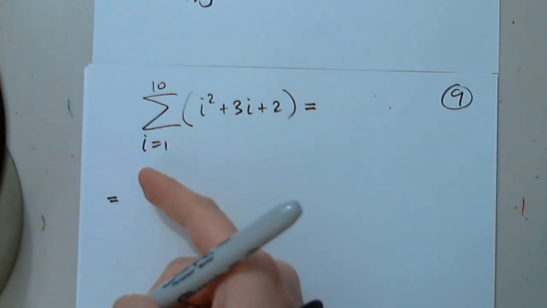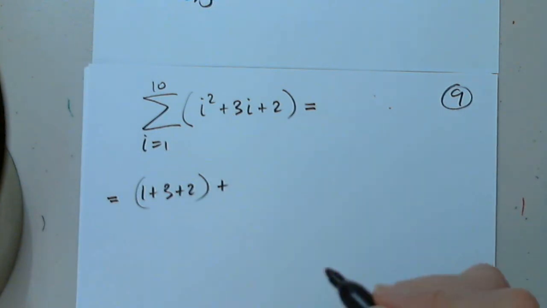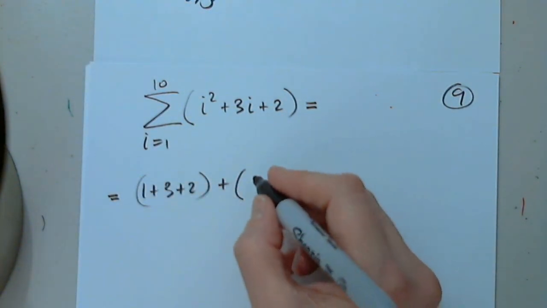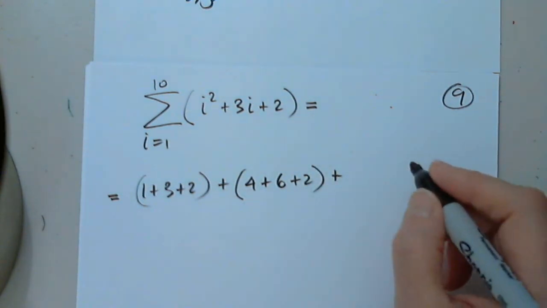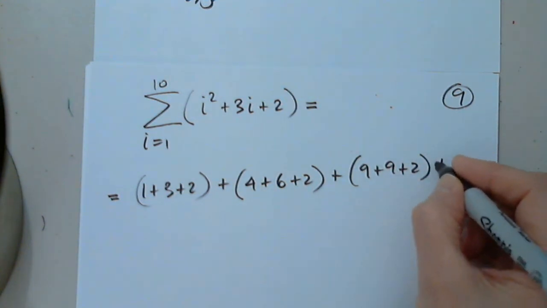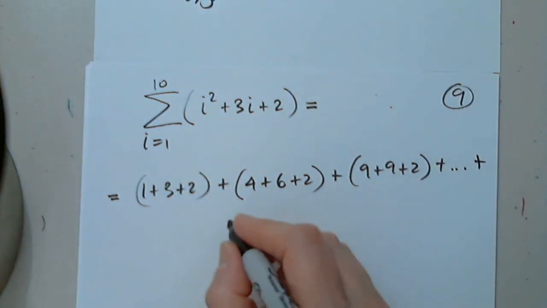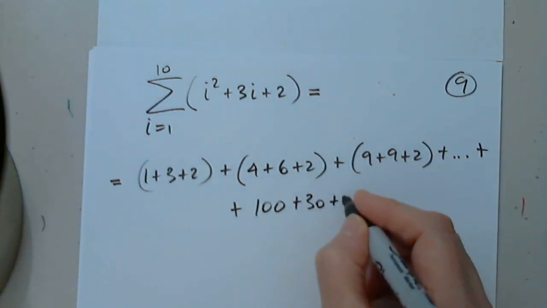Okay, when i is 1, I have 1 plus 3 plus 2 plus. When i is 2, I have 4 plus 6 plus 2 plus. When i is 3, I have 9 plus 9 plus 2, plus 3 dots. Plus, when i is 10, I have 100 plus 30 plus 2.